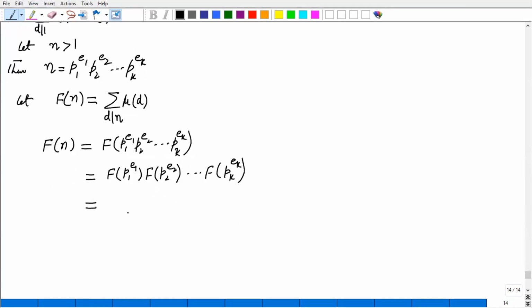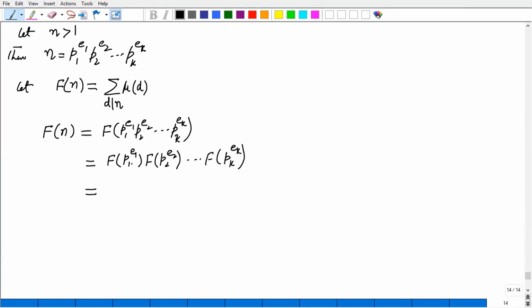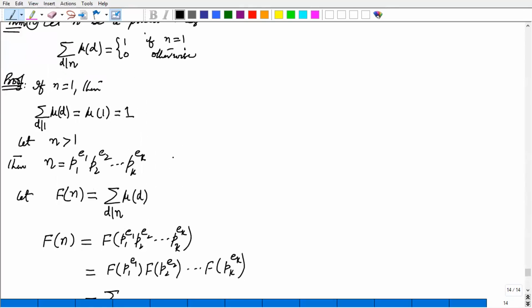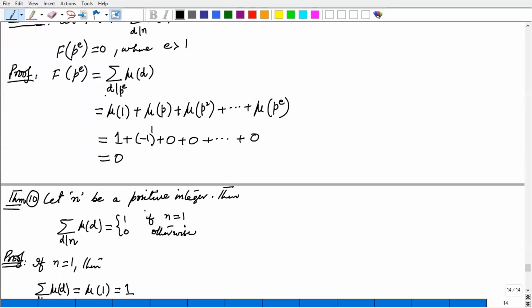So we apply this definition here, the sum which runs over the divisors of p1 to the power e1. If we apply this result, F of p to the power e is 0.